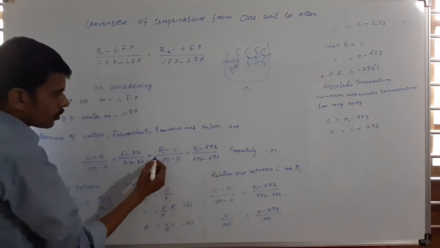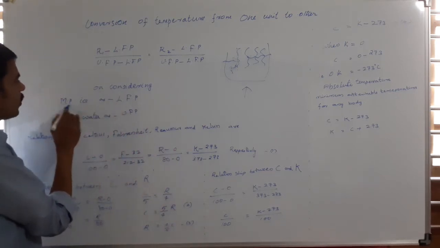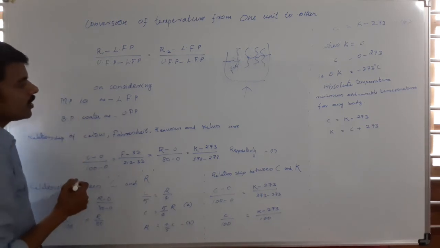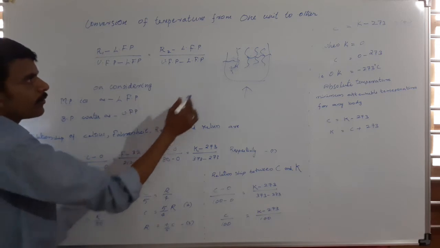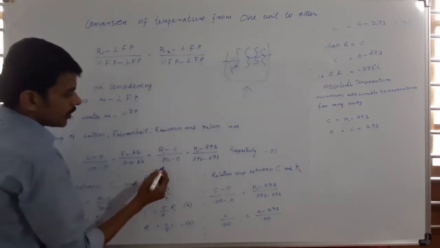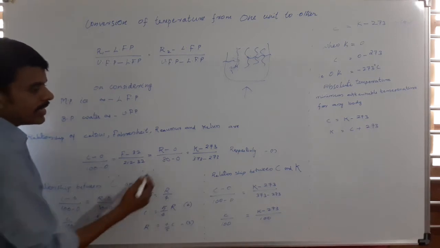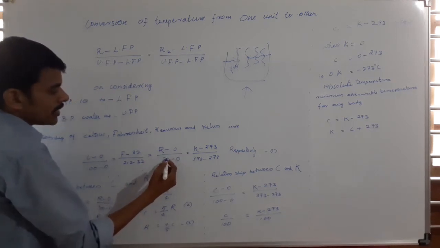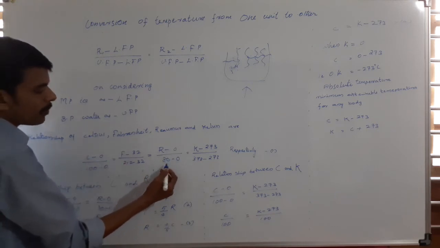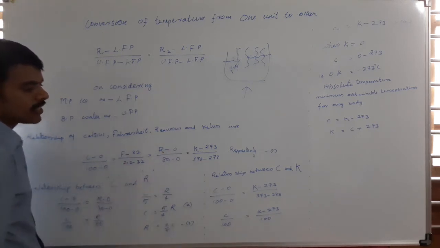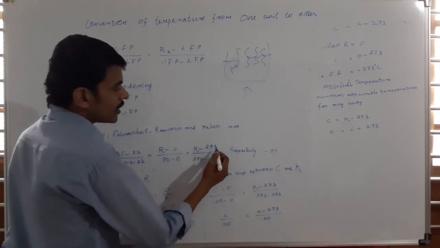Okay, so here R minus 0, the lower fixed point of Romer scale, when we are considering the melting point, it is 0. And similarly, when the water boils, the Romer scale we denote as 80 degree Romer. So 80 minus 0, upper fixed point minus lower fixed point, equal to K minus 273.